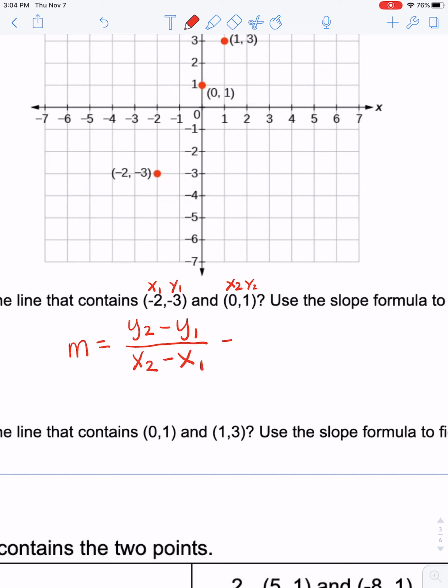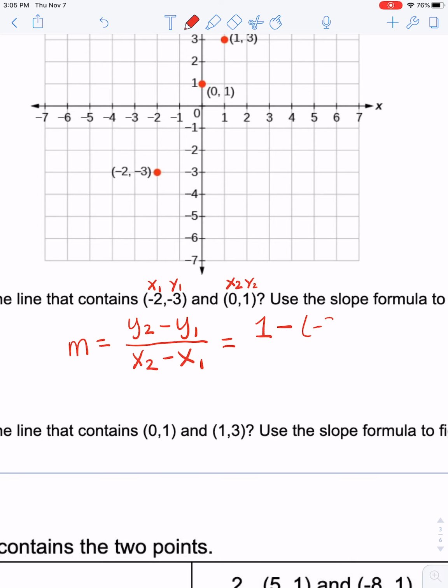If we plug it in, all we have to do is say 1 minus y1, which is -3. I'm going to put that in parentheses because we already have a subtraction symbol right before the negative. All over 0 minus -2.